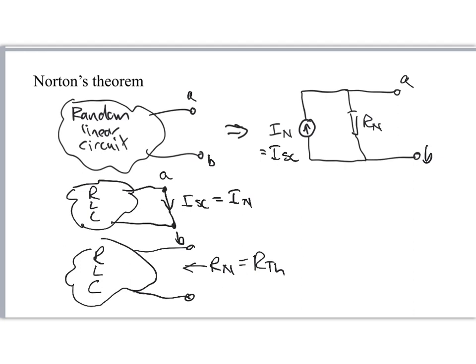And so you can see, if you have calculated the Thevenin equivalent circuit, then we can also calculate the Norton equivalent current source, because I Norton is going to be equal to V Thevenin divided by R Thevenin.